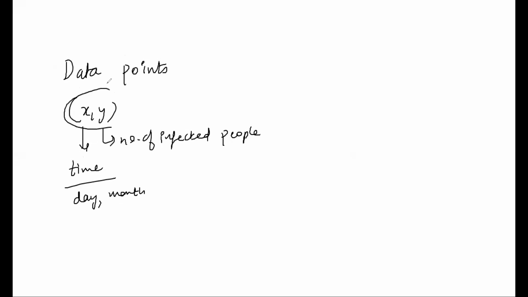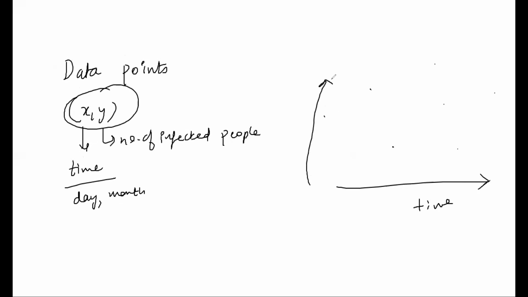So you have data points randomly scattered. On this side of the graph you have time, and this side is whatever quantity you are measuring. So now I want to fit a curve into this data. How do we do that? That's the question.